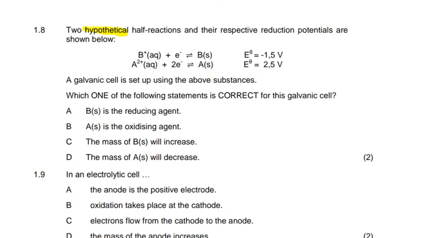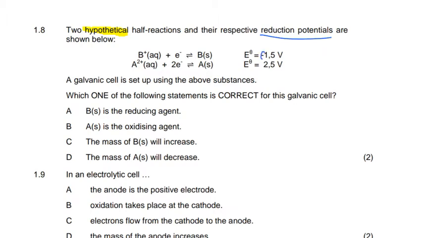What they're testing here is your understanding that the more negative a standard cell potential is, the more likely that half reaction will undergo oxidation, because remember these are reduction potentials.